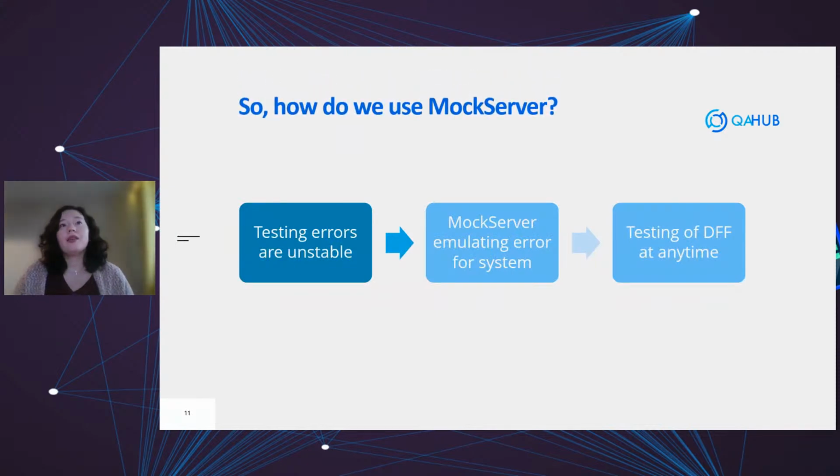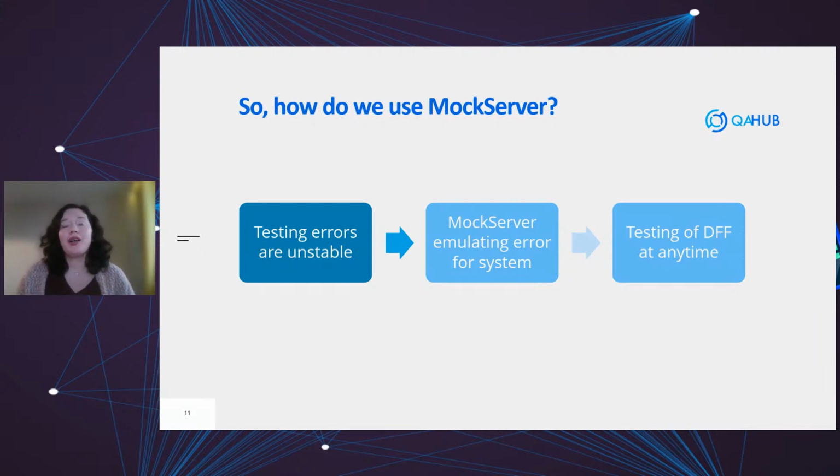But what is the problem with the design for failure? Testing errors, like errors, happen when we don't want them. So for design for failure, to test these errors that come from other systems is quite unstable. We cannot, thankfully, guarantee that the third-party system will respond with an error.